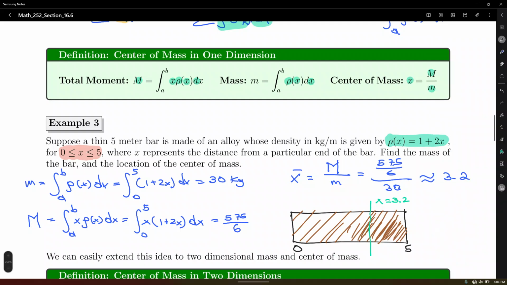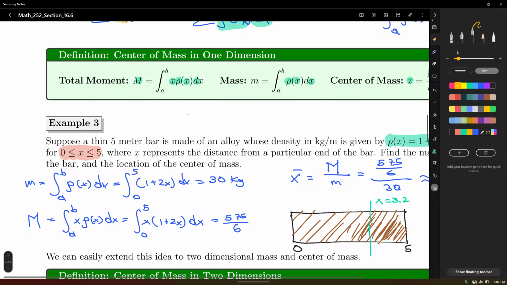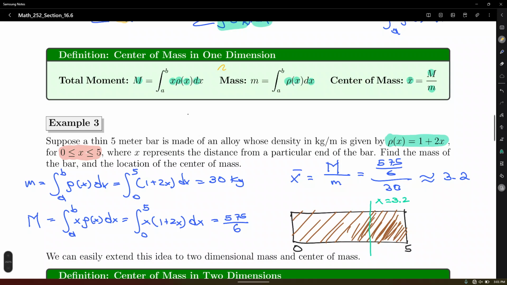In this case, x represents the distance from a particular end of the bar. I have drawn a picture of the bar; I'll get to the picture in a second. Number one, they're asking us to find the mass of the bar and the location of the center of mass. Let's use the formulas in the definition box, this formula for mass and this formula for the total moment.